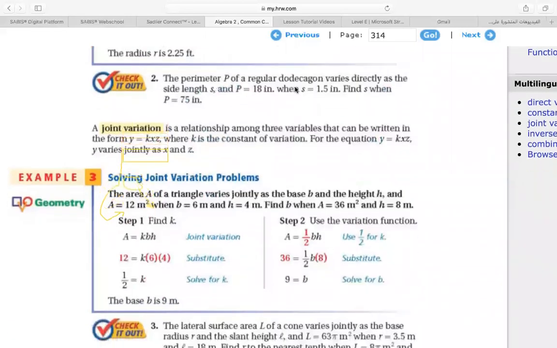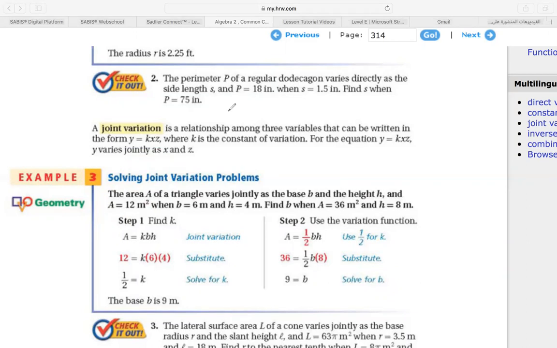Okay, girls, let's solve another example. Example number 2: the perimeter P of a regular dodecagon varies directly as the side length S. P varies directly as the side length S, and P is equal to 18 when S is equal to 1.5.